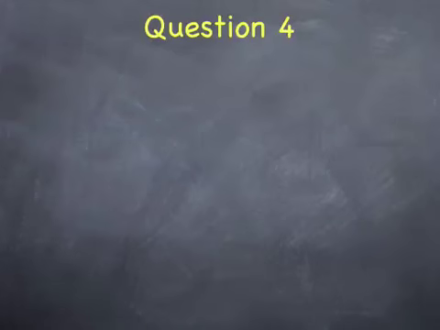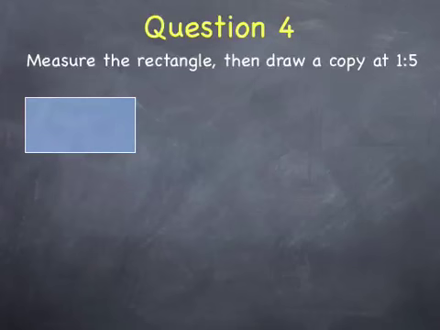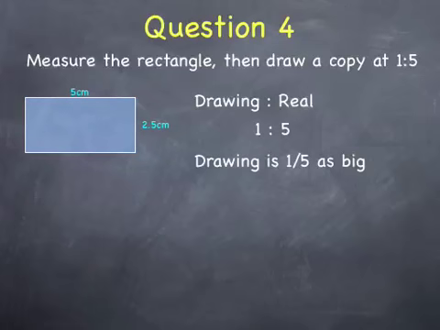Question 4, final question. Measure the rectangle and draw a copy at 1:5. There it is there. Measure it, press pause, and draw your copy. I've got 5 centimetres and 2.5 centimetres as the measurements for the rectangle. Drawing to real, 1:5. So the drawing is 1/5 as big.